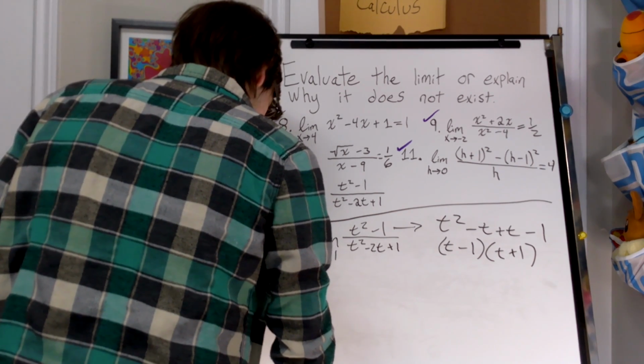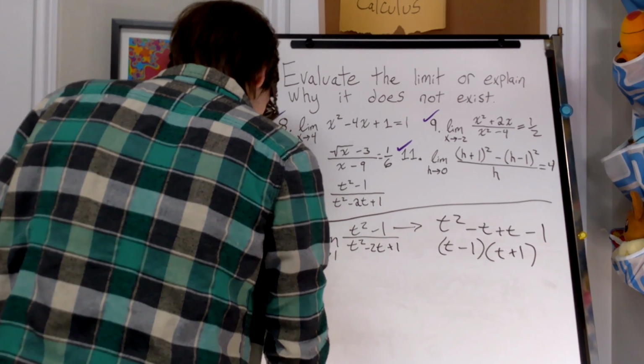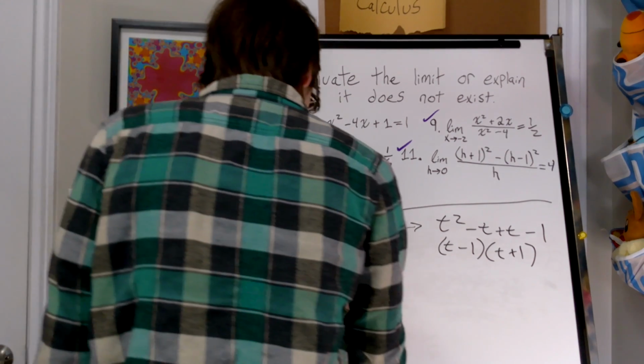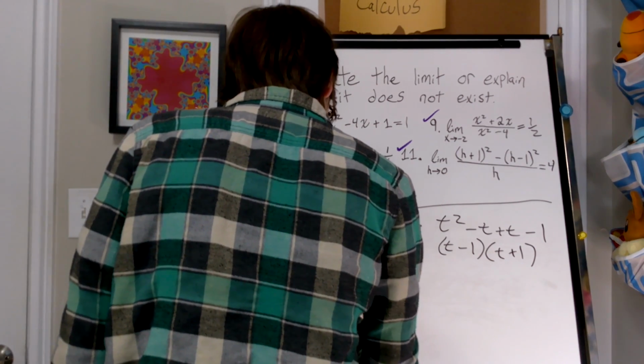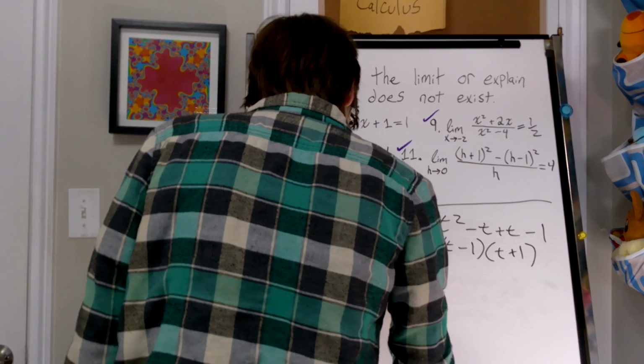So the limit as t approaches 1. On the top, we should have t minus 1, t plus 1.